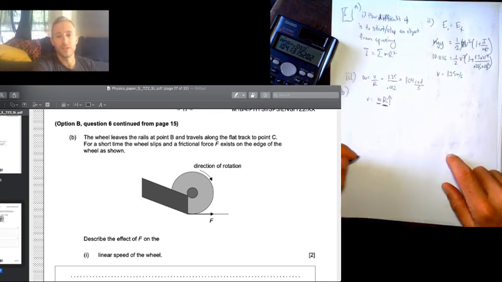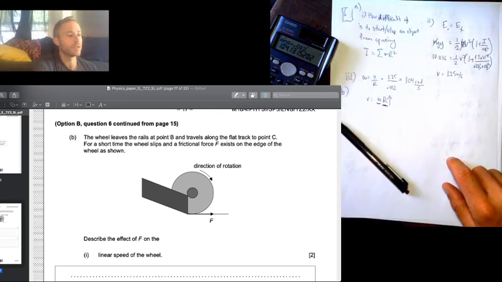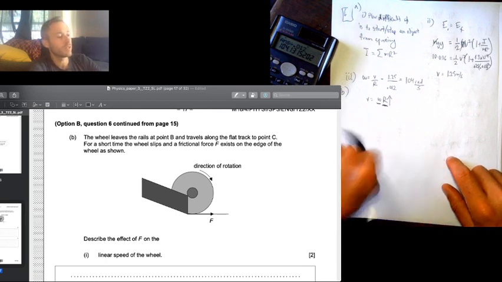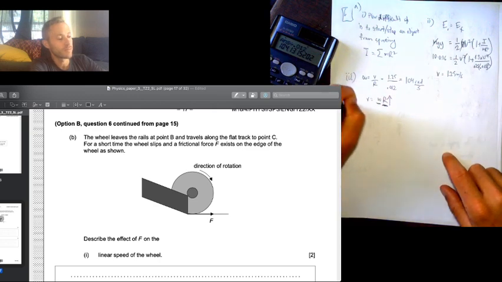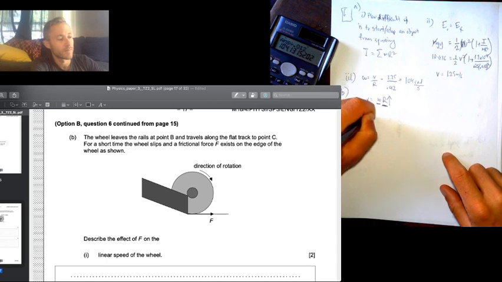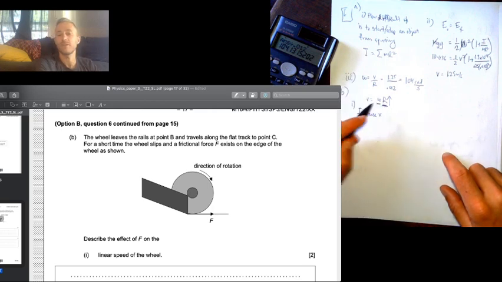So we can see that the linear speed of the wheel is going to want to go up. So the frictional force is going to tend to increase the linear speed, because the radius went up but the omega stayed the same.